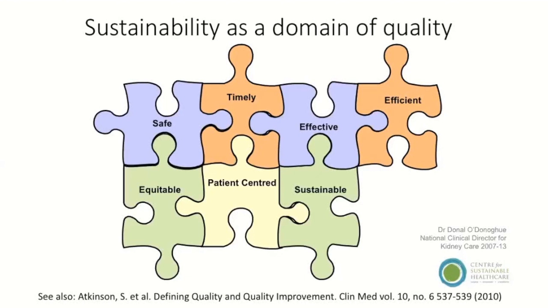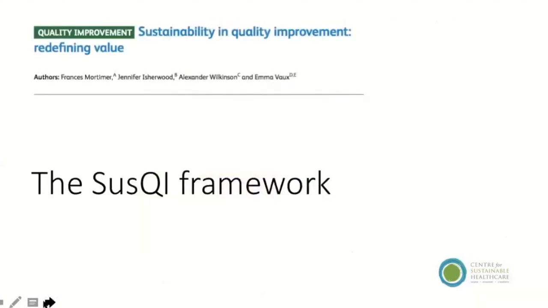One of the things that's very powerful about that is that once you look at sustainability as an element of quality, it should also follow that it should be part of quality improvement. So this is what brings me to the SUSQI framework that we've developed here.